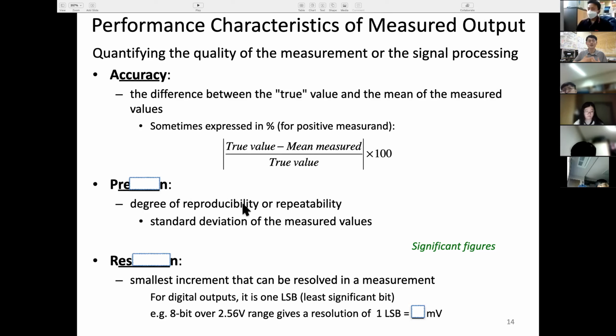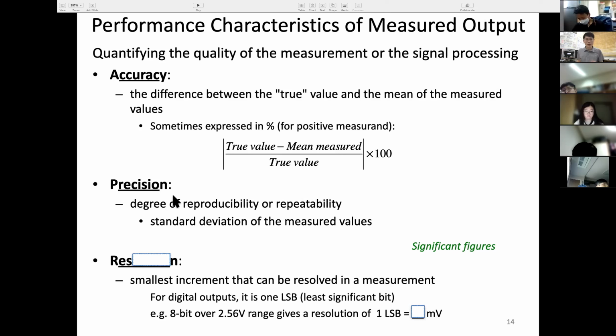The reason is you have to prove that you can reproduce your data, not only from you, but in the end also from others. In that aspect, the degree of reproducibility, when we measure multiple times and the signal output gives a consistent result, we call precision.